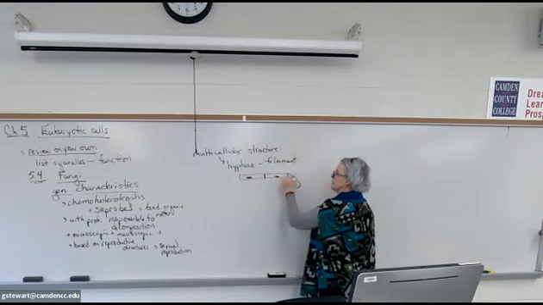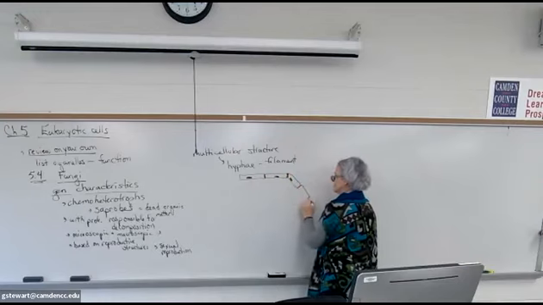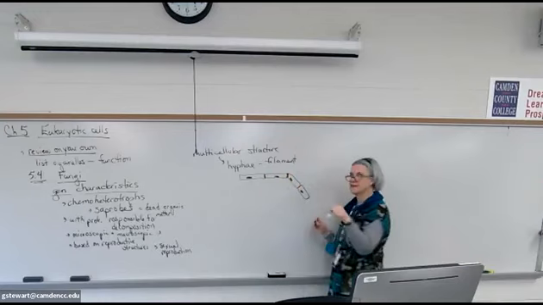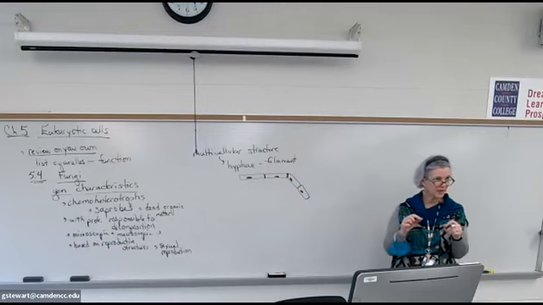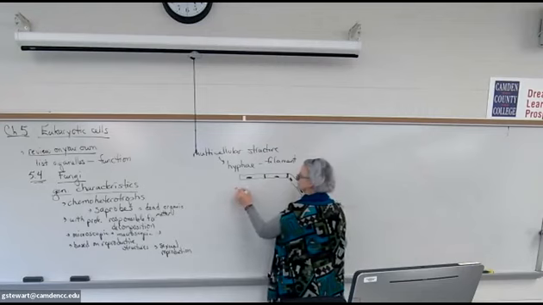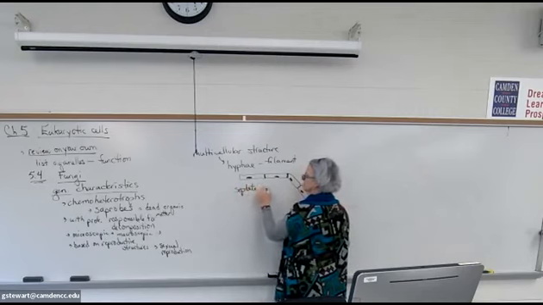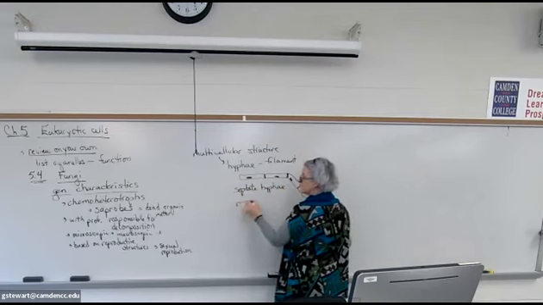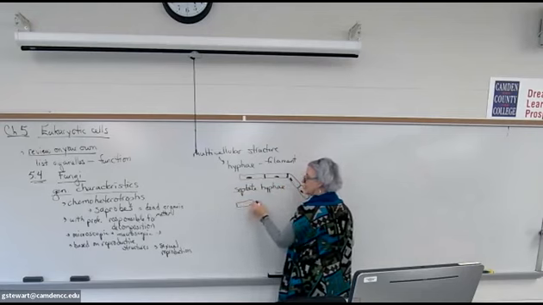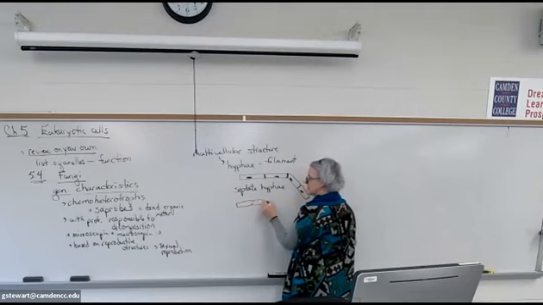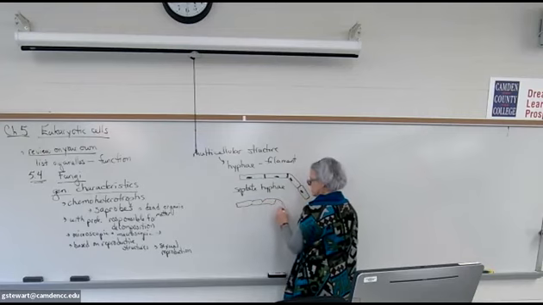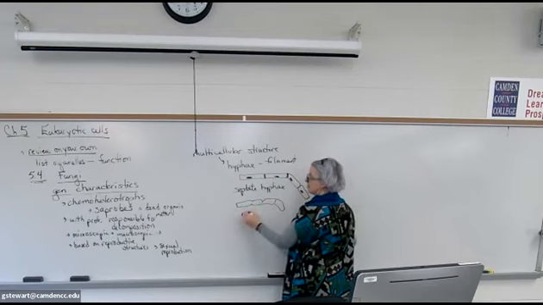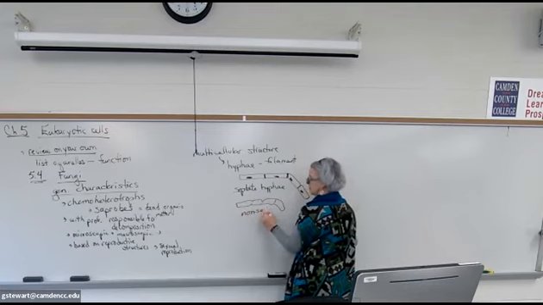See, I've drawn this line between the cells. Sometimes the hyphae are separated like that into cells, and we call those septate hyphae. And sometimes they're not. Sometimes they look like they almost have a cell wall in between them, but they actually don't. And this is obviously called non-septate hyphae.